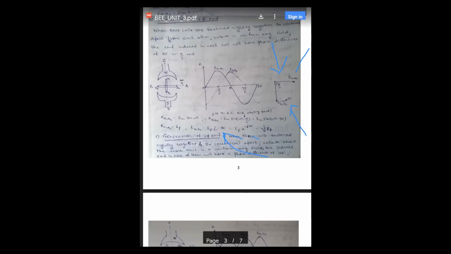Okay, and using vector algebra we can also denote it as EP e to the power minus j90, and vectorially we can represent it as minus j EP. Okay, this is using de Moivre's theorem which you have studied in 12th class, that e to the power j theta is equal to mod E (cos theta plus j sin theta).